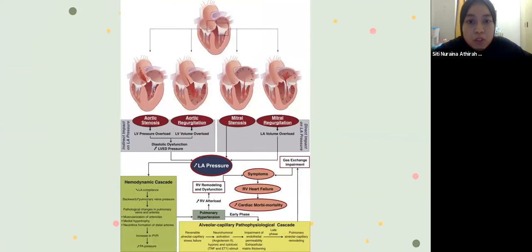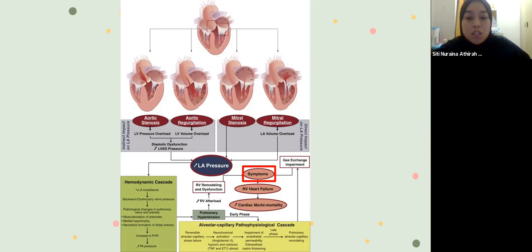Before we proceed to the symptoms, I will explain briefly about the pathophysiology. Basically, this is focused on the left side valve. It affects either indirectly or directly the left atrial pressure, which will eventually cause a hemodynamic cascade. Primarily it will reduce left atrial compliance and then increase the pulmonary arterial pressure, which will lead to pulmonary hypertension symptoms.